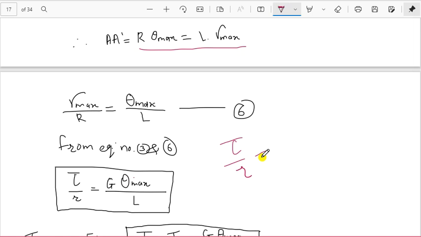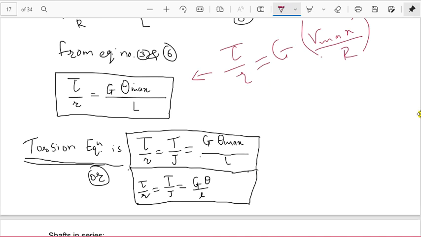It was G gamma max by R. Here we will put theta max by L. So our equation becomes tau by R equal to G into theta max by L. And this, if we write equation 3 and 6 together, is the torsion equation.